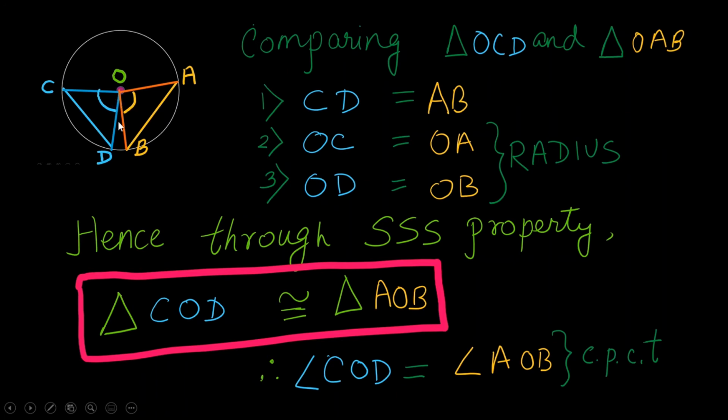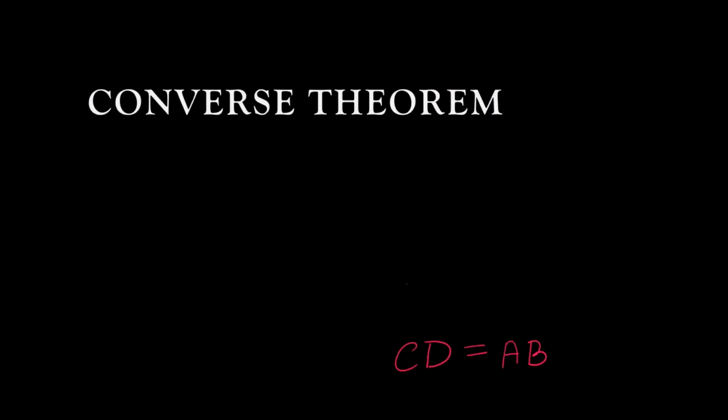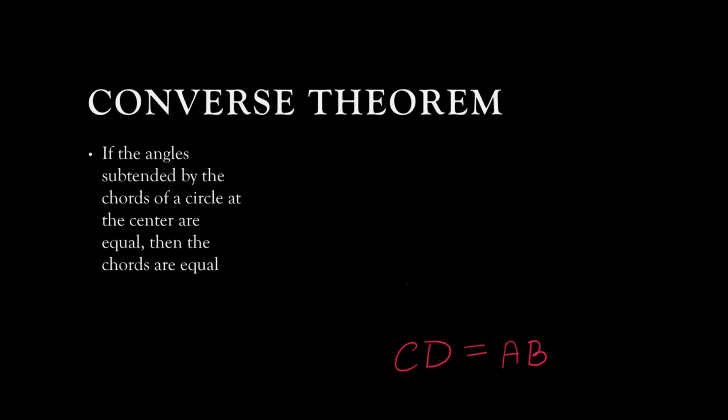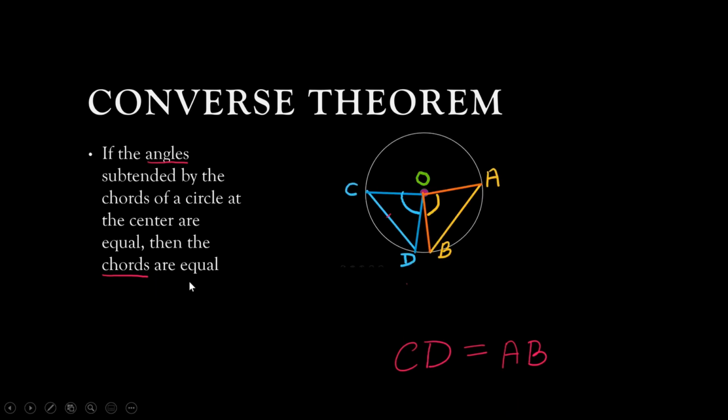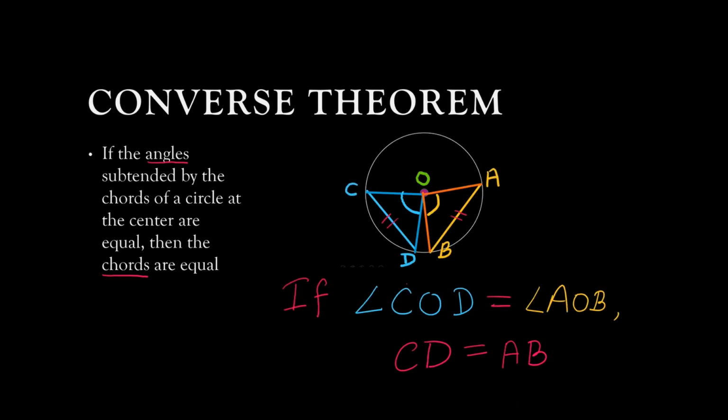We'll apply this property in many questions, so remember it. What can be the converse theorem? If the angles subtended by the chords of a circle at the center are equal, then the chords are equal. So you can see that if the angles are equal, the chords are also equal.